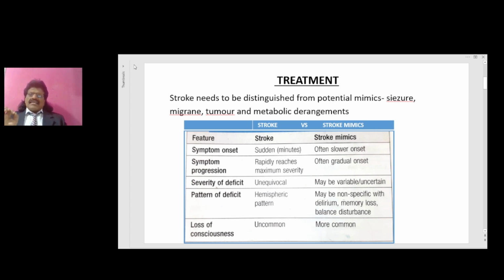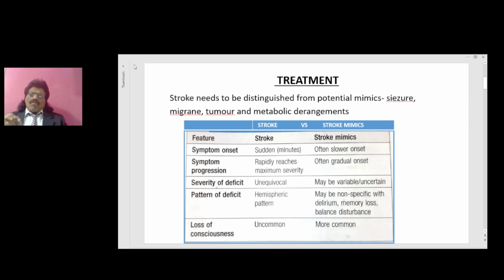The severity of deficit is unequivocal in stroke, whereas in stroke mimics it may be variable and uncertain. The pattern of deficit in stroke is hemispheric, usually seen on one side of the body, but in stroke mimic it may be non-specific with delirium, memory loss and balance disturbance.